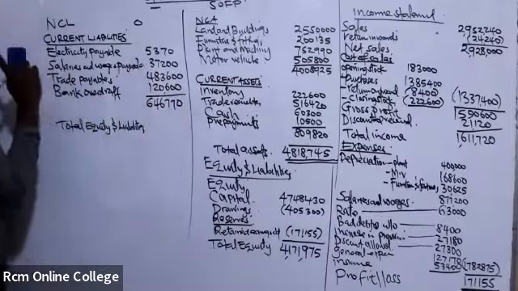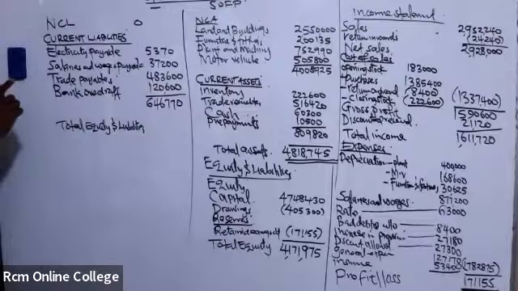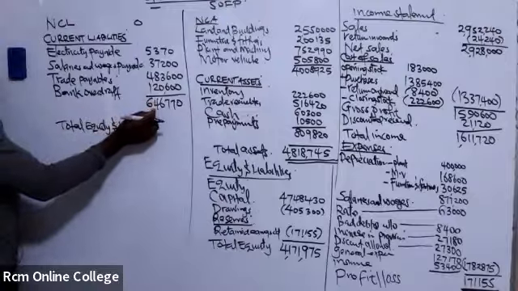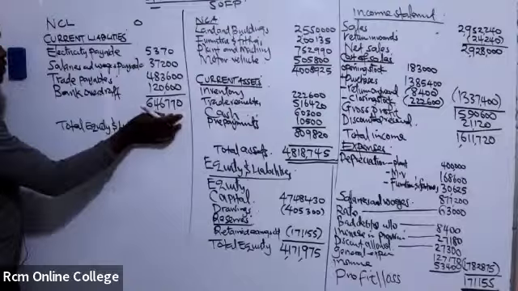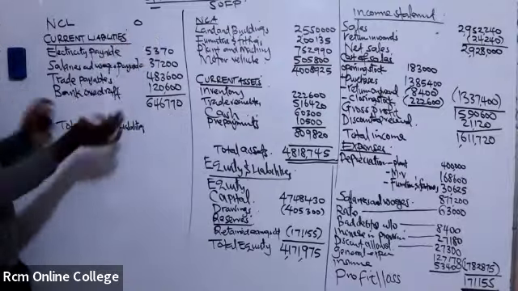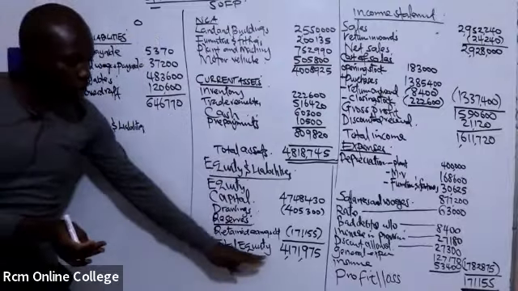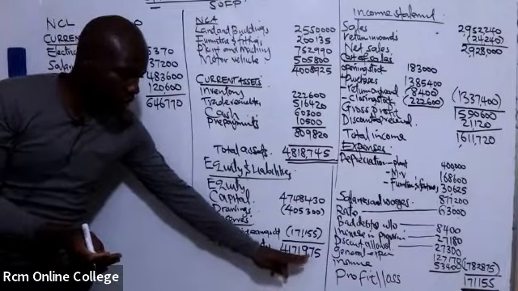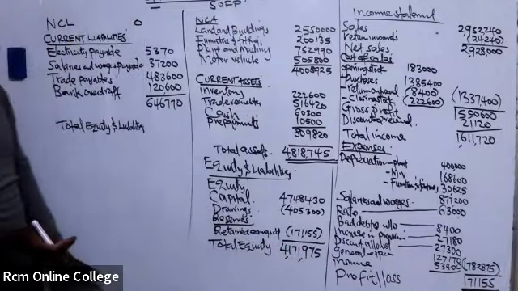Good. So 646,770 is the current liabilities. Then total equity is 41,71,975. Can we add all that? In other words, take this plus this one here.